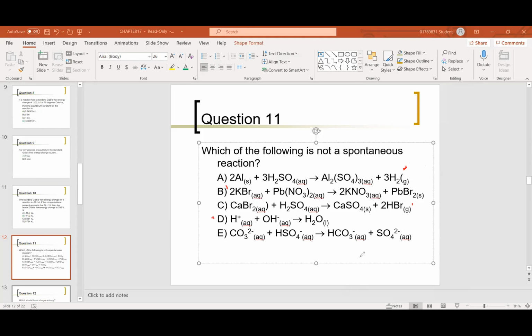Okay. Which of the following is not a spontaneous reaction? Okay. Which reaction needs energy in it? Right? Which reaction needs energy? This one probably not.